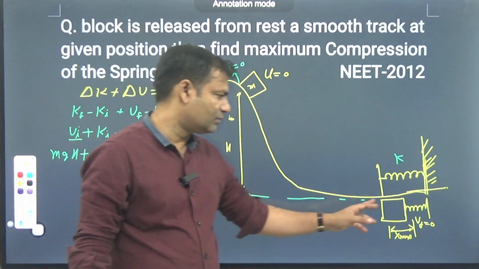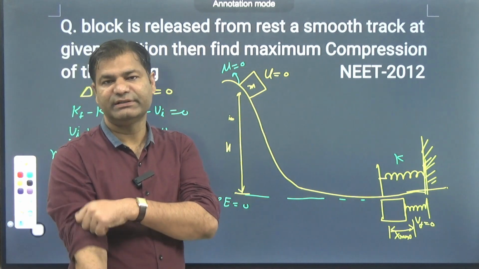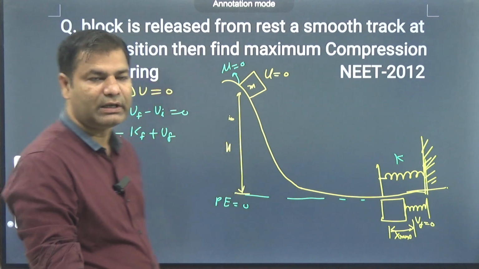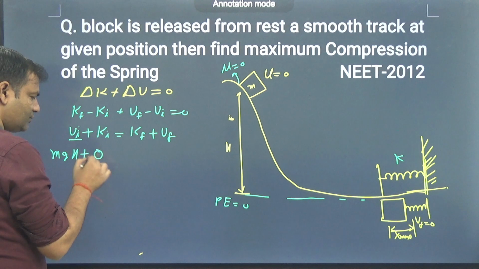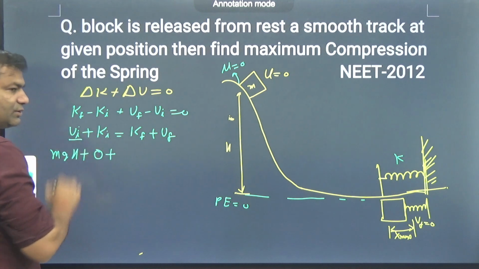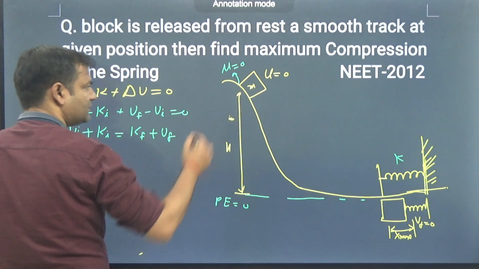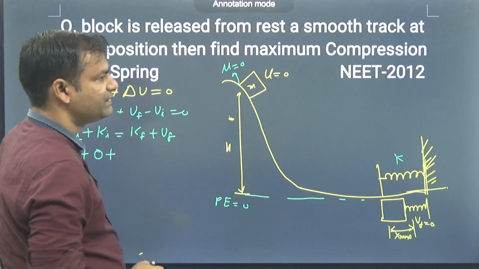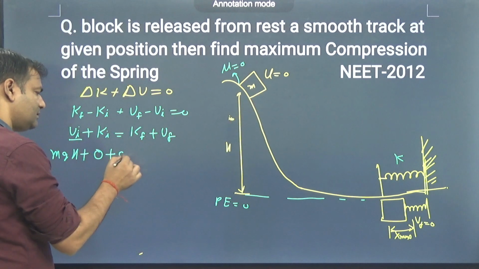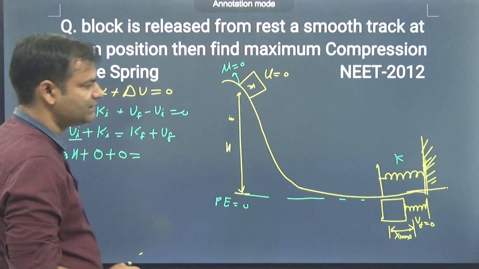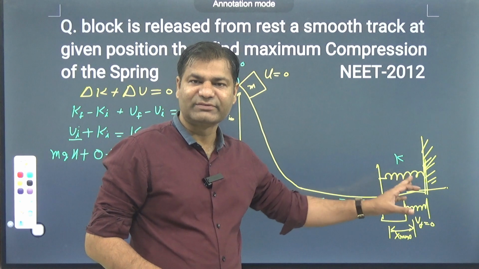Now, at the original length, the potential energy of the spring is 0. Plus what about kinetic energy? Kinetic energy of the block is 0, because the initial velocity of the block is 0. This equals the final energy after maximum compression of the spring.